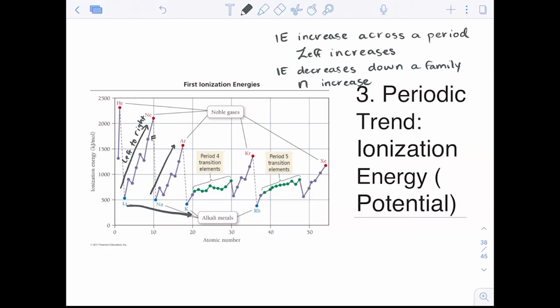So yes, it's feeling the same attraction to the nucleus as we go down a group, but the actual size of the atom is important to discuss. And so why we see the ionization energy decrease: it doesn't cost as much to remove an electron from potassium as it does from lithium, because potassium is a much bigger atom.